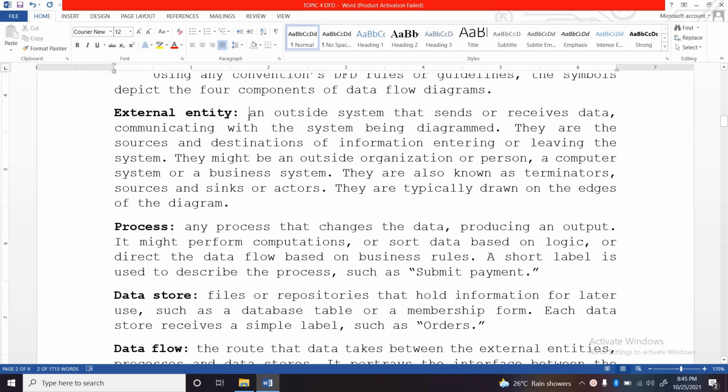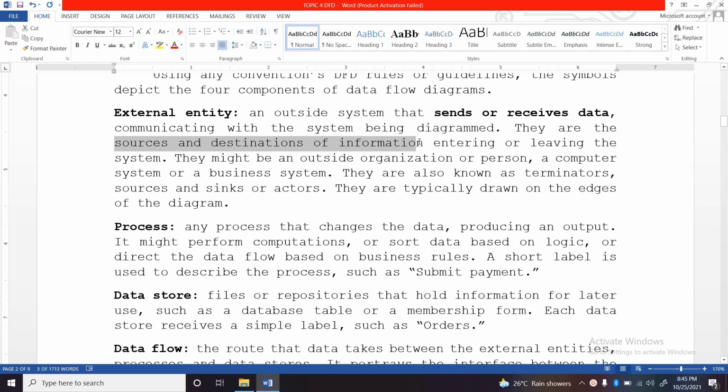An external entity is an outside system that sends or receives data. I repeat, it is an outside system that sends or receives data by communicating with the system being diagrammed. Basically, they are the sources and destinations of information.